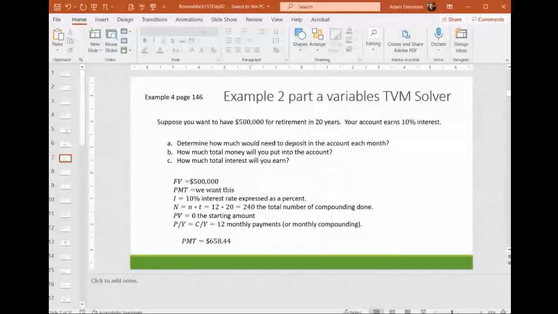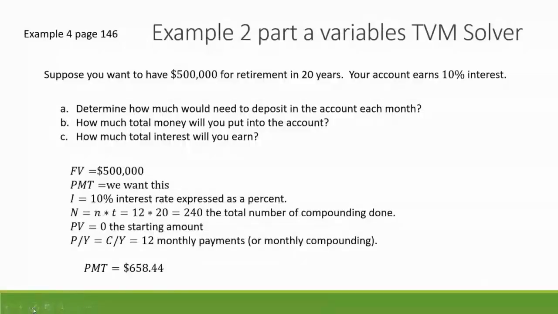That's what FV stands for. Okay. Let me get the TVM solver loaded. Let me go through the slide first, then we'll go through it. So again, $500,000. PMT, again, that's what we're looking for. And as I said before, FV stands for future value.